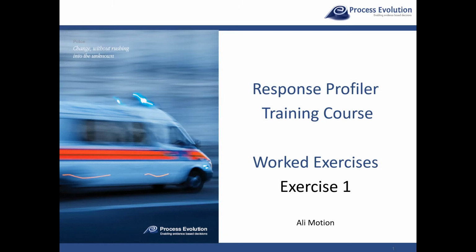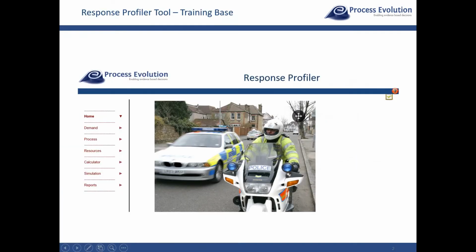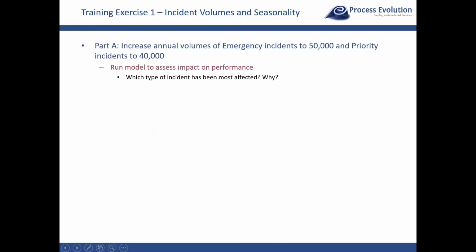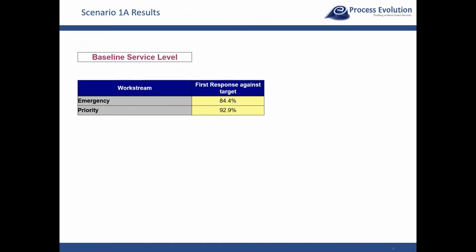So in the previous video we went through the training base and applied Exercise 1A, the increase of the annual volumes from 50 up to 50,000, an increase in priority by 40,000. The second part of this is Part B. When we did Part A, we saw the baseline having 84.4 for emergencies and 92.9 for priority.